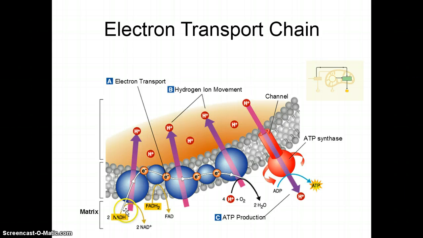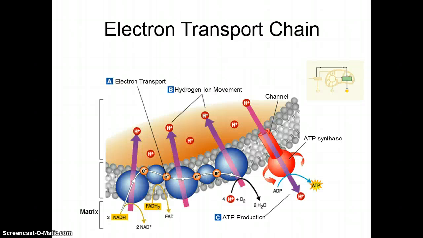So in come the electrons from the Krebs cycle, carried by the NADH and the FADH, that bring them in. And then, because it's a chain, they're going to travel down the chain. So the high energy electrons are passed down the chain from carrier to carrier. The blue things you see there are the carriers.